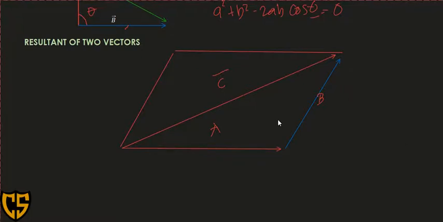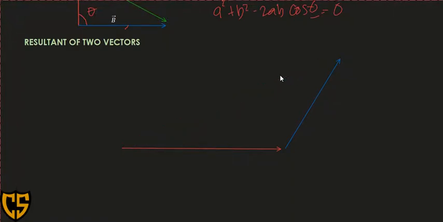Okay, so for example, you are given more values of vectors, so you can add more vectors. So we add another certain vector, for example, you have another vector, this is its representation.